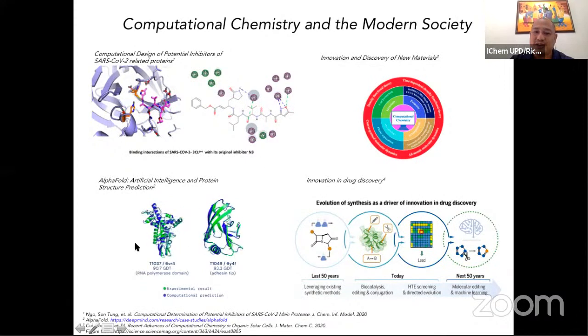May bagong results ngayon na even with amino acid sequence, kaya nang i-predict ang 3D structure ng ating mga protein. And this is very important kasi yung mga sakit natin ay usually played using different machines or the protein machines. So kung naintindihan mo yon, pwede mong paglaruan, pwede mong i-intervene.